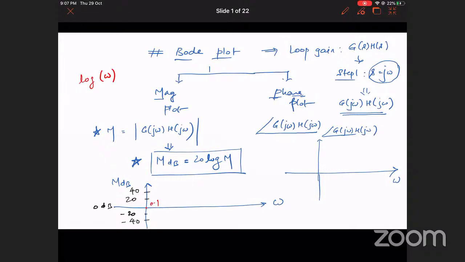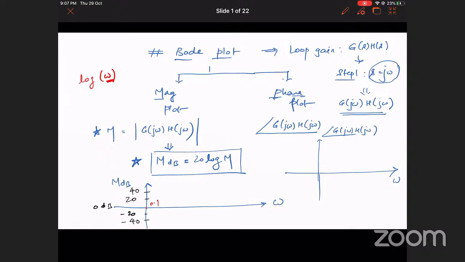That's why we never take omega equal to 0. But of course we can start with a lesser value of omega. It shouldn't always be 0.1; you can go for 0.001, and so on. You can take any starting value of omega.